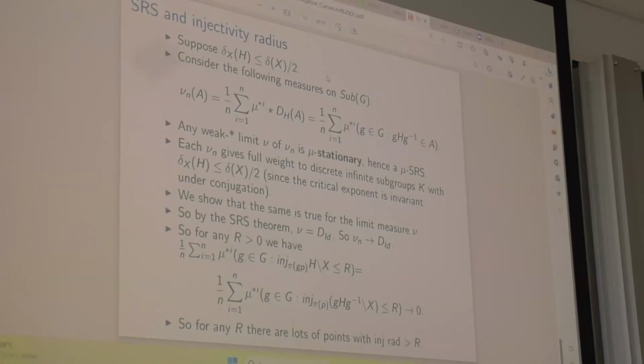What else do you know about these weak-star limits? Well, each μ_n is supported on conjugates of the subgroup H you started with, and the critical exponent is invariant under conjugation.